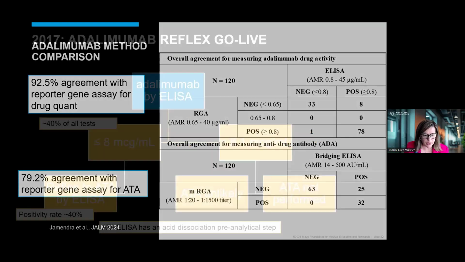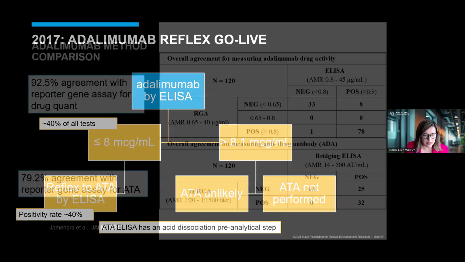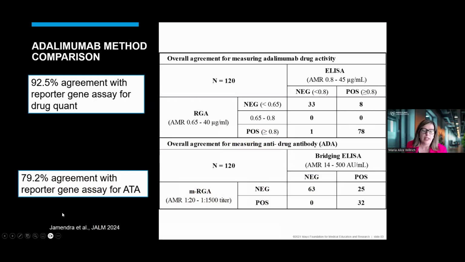A method comparison for adalimumab, sorry, I went too fast, shows 92% agreement with the reporter gene assay for the drug concentration, and the linear regression here is also with a slope around 1. And we have about 79% agreement for the anti-drug antibodies for adalimumab as well.